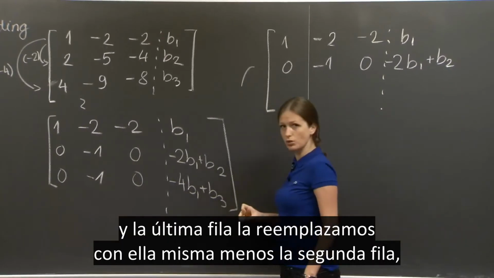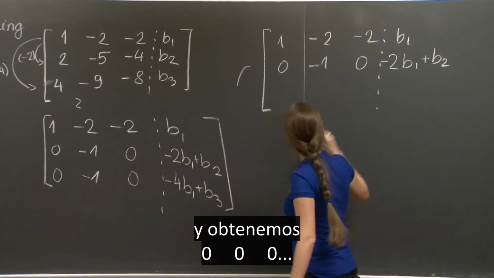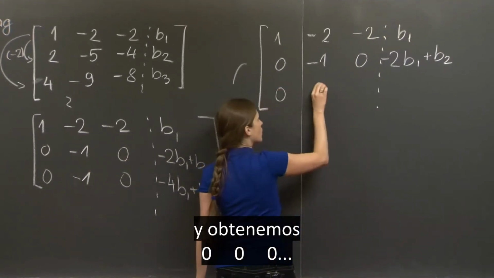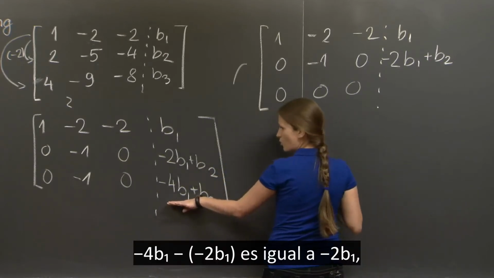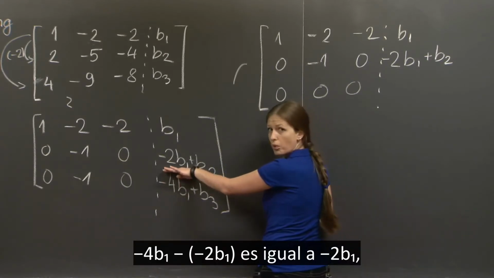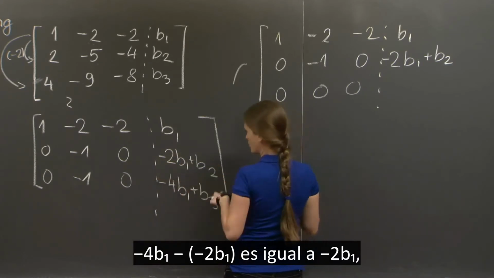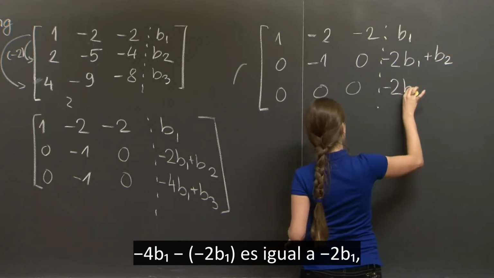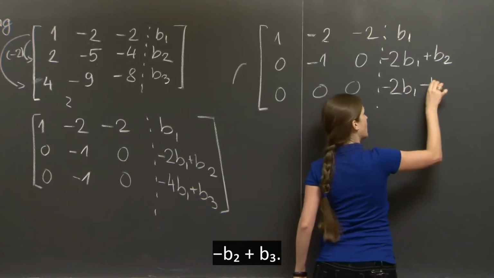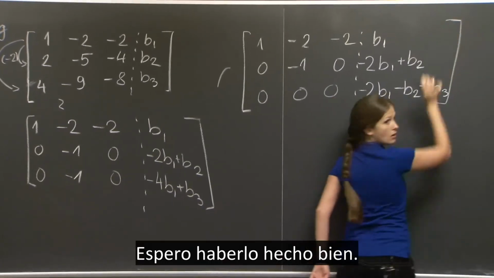And in the last row, we replace it with the last row minus the second row, and we get 0, 0, 0, minus 4b1 plus 2b1, minus b2, plus b3, which is minus 2b1 minus b2 plus b3. I hope I did this right.